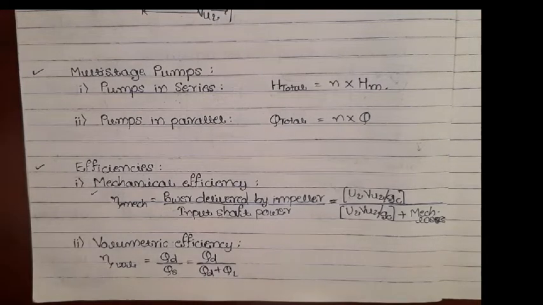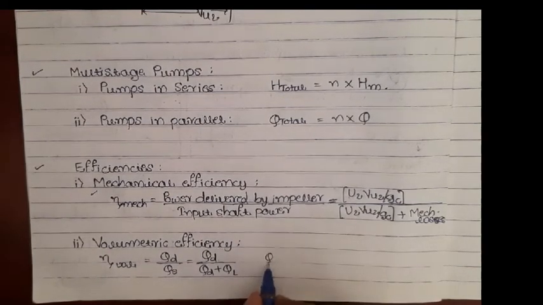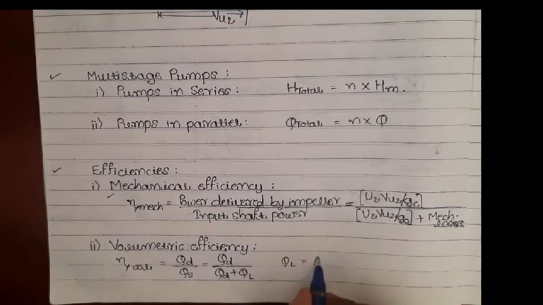Coming to the volumetric efficiency. Volumetric efficiency, what is it? It is the ratio of the discharge of water at the delivery side to the discharge developed at the suction side. So it is QD divided by QD plus QL. What is QL here? QL is the amount of leakage.